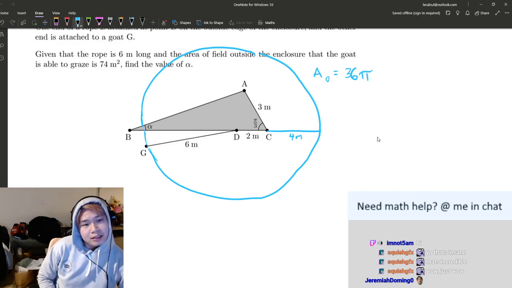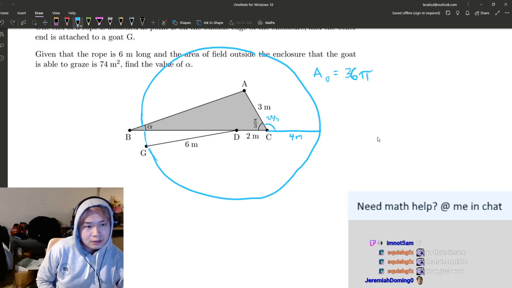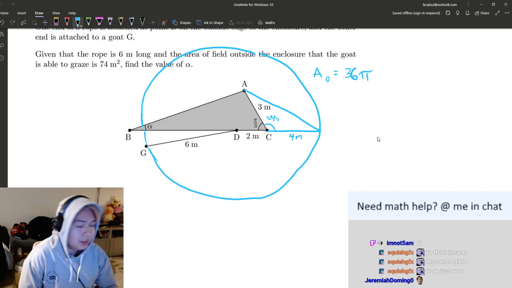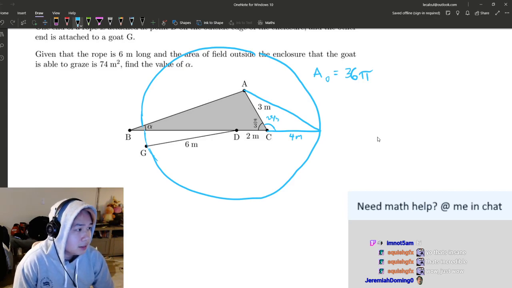And then I know that this is 2 pi over 3. So then I can eventually find out using cosine law what this is going to be.